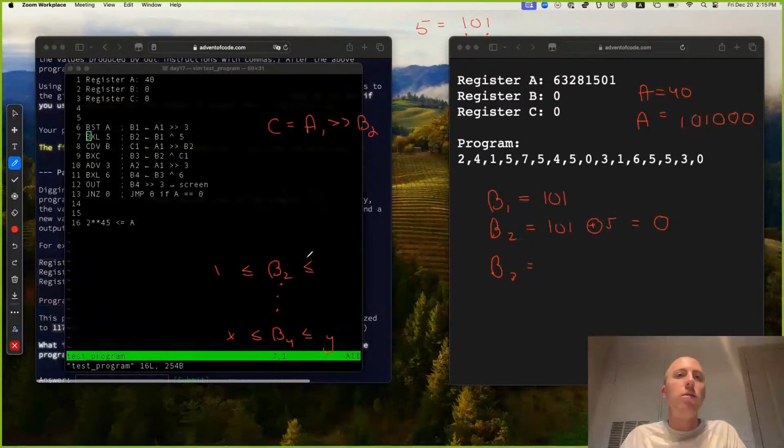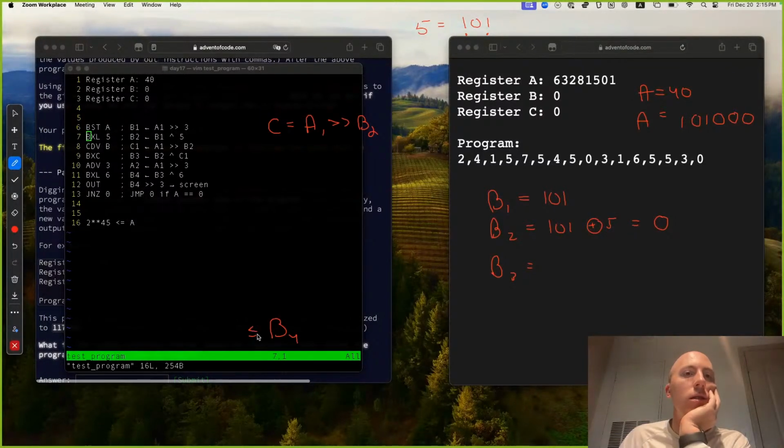I guess we go up to B3 because B3 is a function of C. So we have B4, not X prime, but... So we have that B4 is equal to B3 XORed with 6.